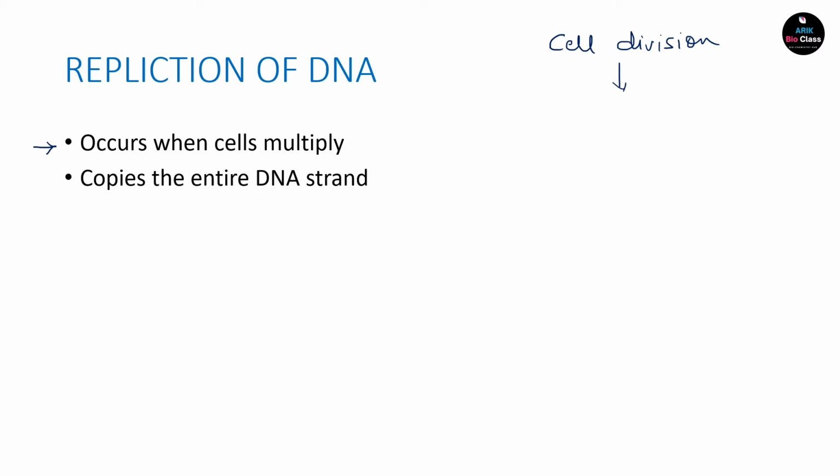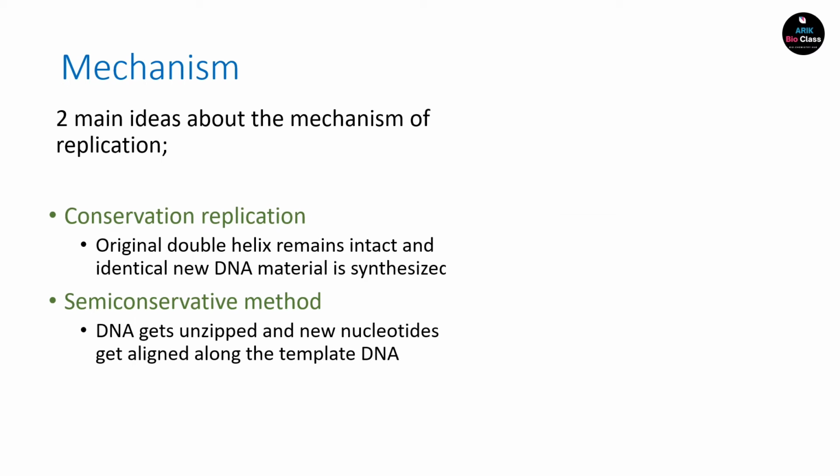When one cell gets divided into two cells, whatever DNA or genetic material is present in the parent cell has to get divided into two daughter cells. It makes an exact copy of its DNA, and then that DNA gets divided into two daughter cells. So here it copies the entire DNA strand. So let's see the process.